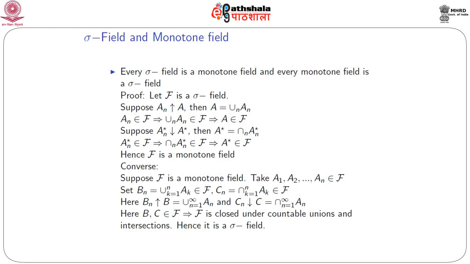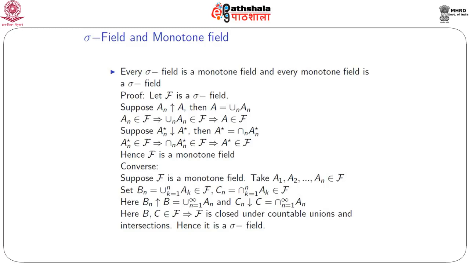How to prove this? Well, we will start with the assumption that script f is a sigma field. Suppose that a n is monotonically increasing, and we know for an increasing set its limit goes to its union. So, a will be union over a n, and if it is a decreasing sequence, then its limit will go to its intersection.